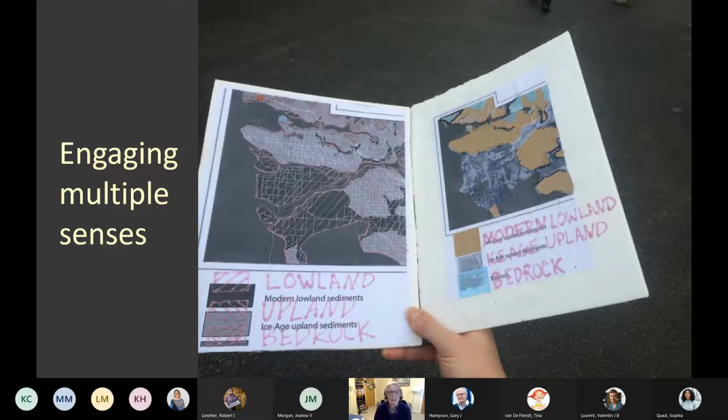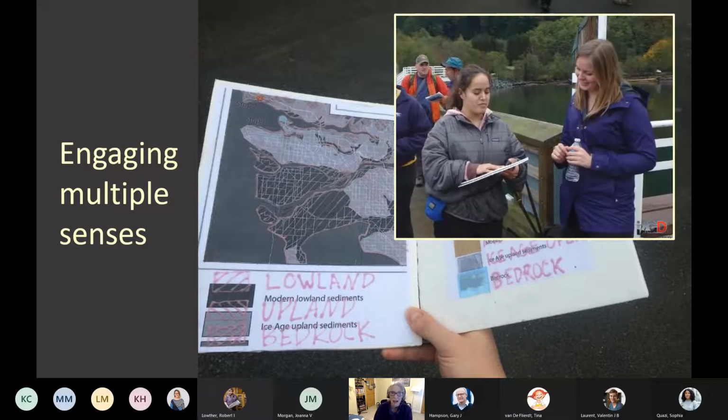In this particular example, our written handouts were more detailed than they would ordinarily have been. We had audio guides, and we had some visually impaired students, so we created tactile maps. The different regional geological units were represented in different textures.